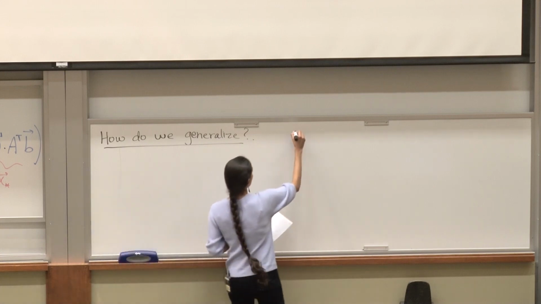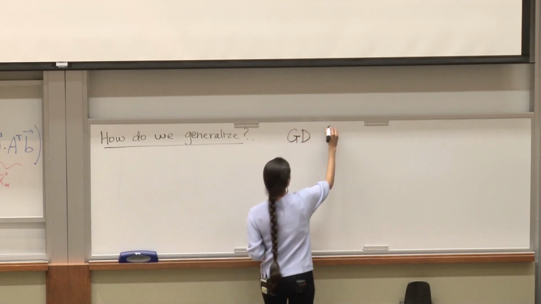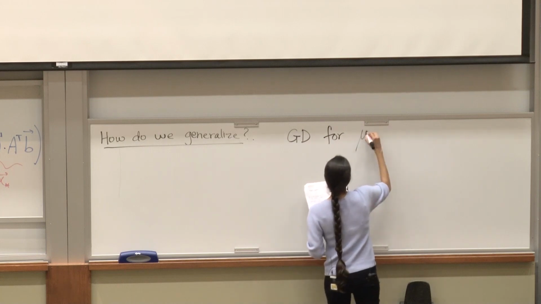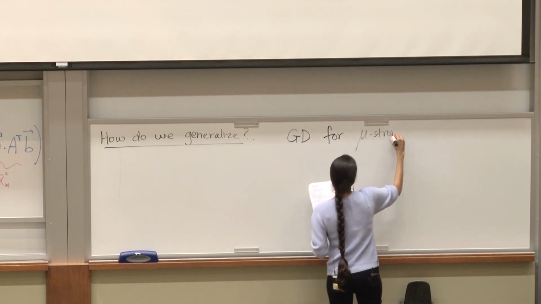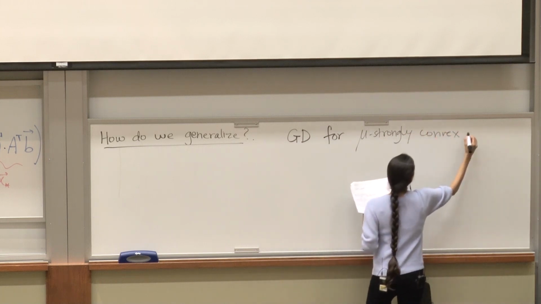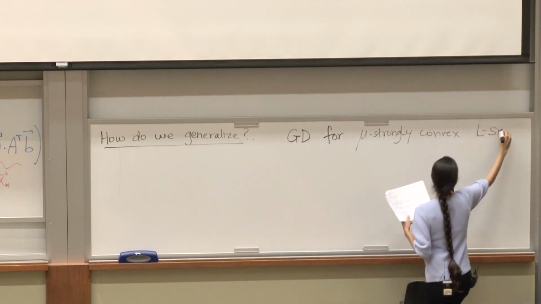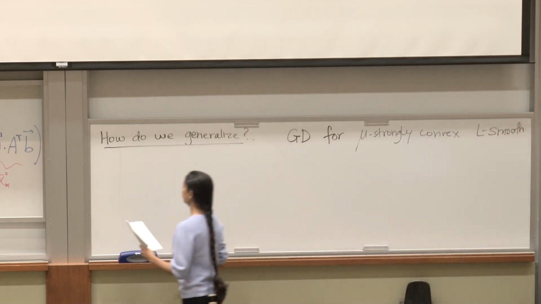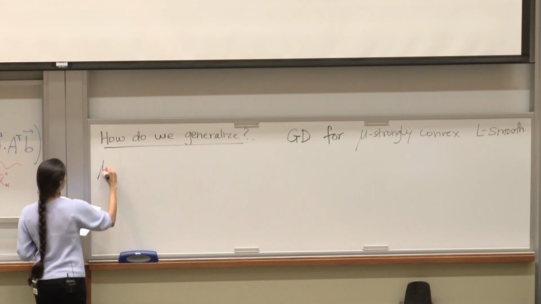So we're going to talk about the convergence proof for gradient descent for mu strongly convex and L smooth functions. We've already defined strong convexity, so let me remind you what this is.